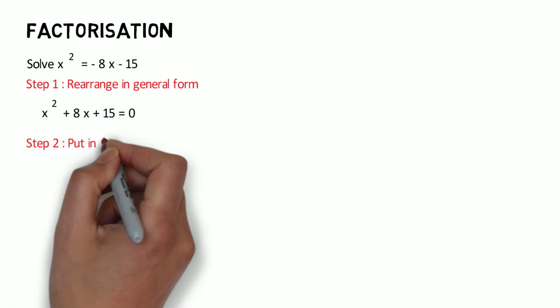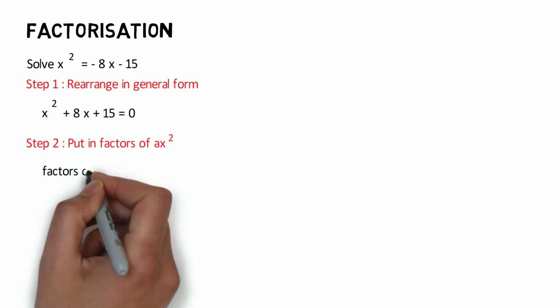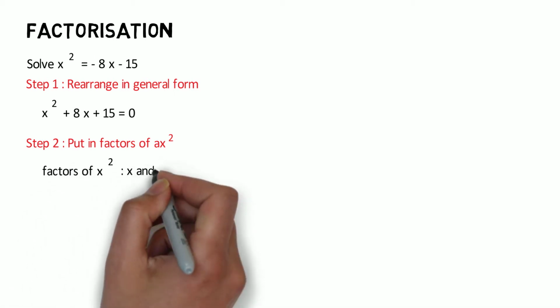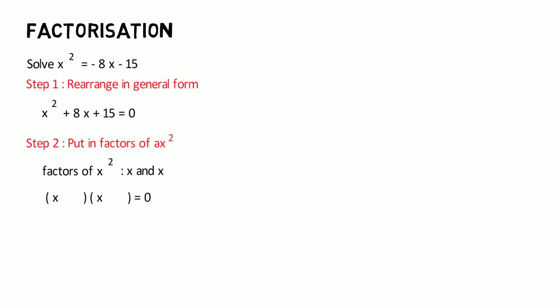The second step is to find the factors of ax squared and put them into the brackets. So in this case, our factors would be x and x. So let's just put the factors into the brackets. Now we could have factors of -x and -x. However, it is much easier to keep the x values positive.